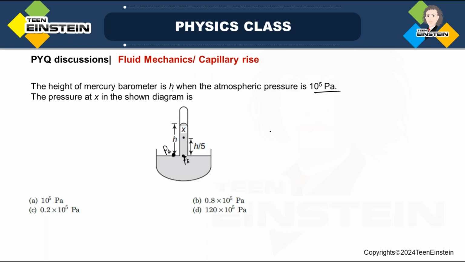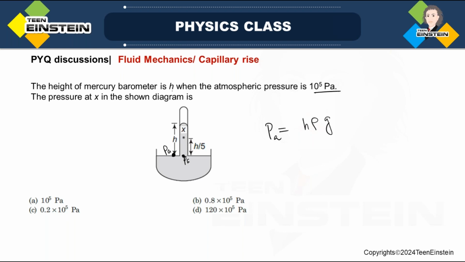So the pressure at this particular position is the total H rho G, and this is equal to atmospheric pressure. This is actually atmospheric pressure here, up to this point H rho G.